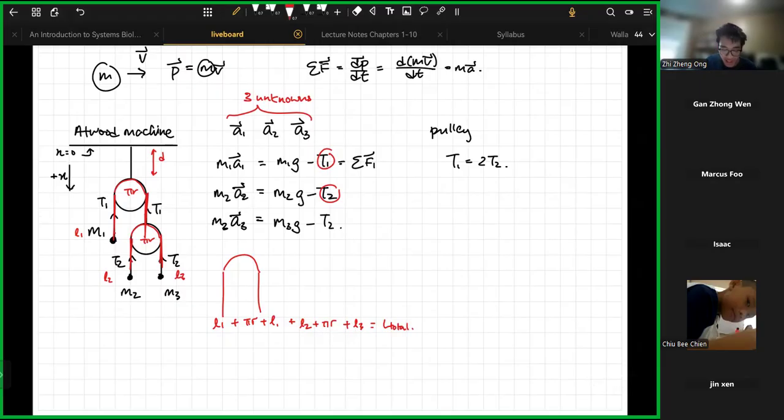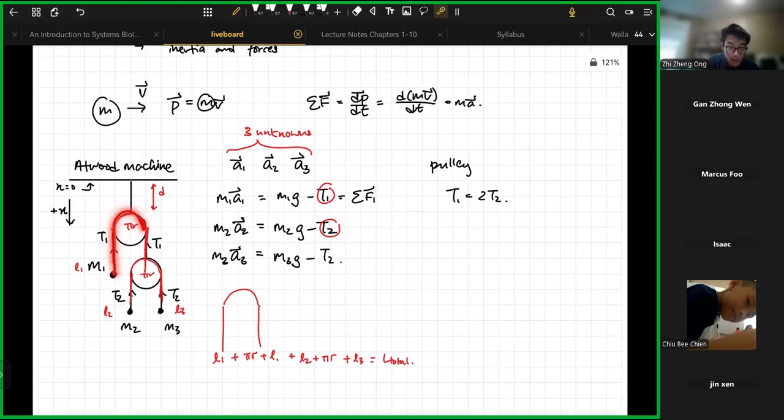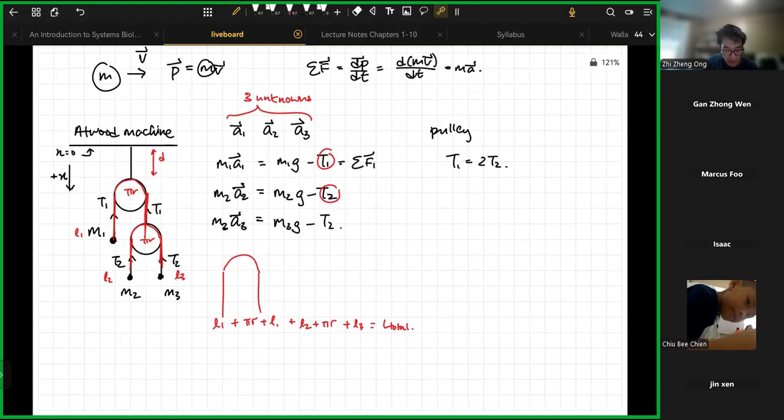But at the start, I'm just adding all the lengths of the string together. There's an L1 part here, there's a pi R, and then there's also another L1 here. And then if you add these two as well, you will get this total equation.